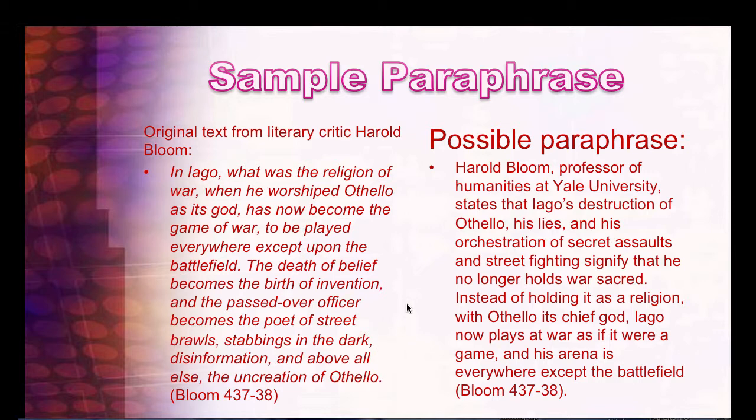Okay. And then we have signify that he no longer holds war sacred, which has to do with that there has been a change. There's now become, and that holding it sacred refers to this idea of religion.